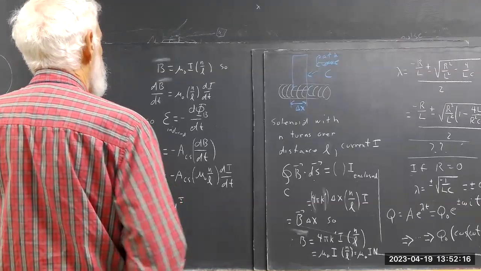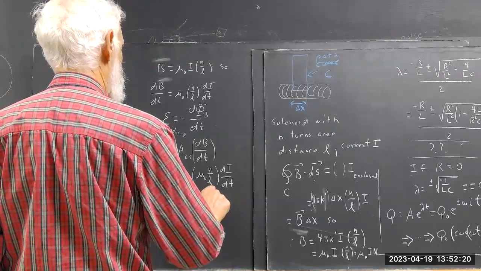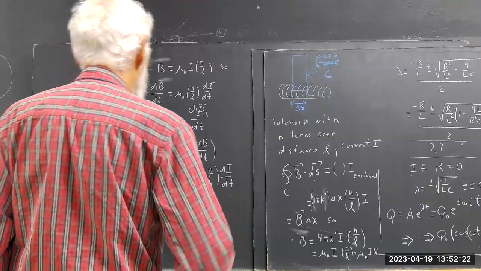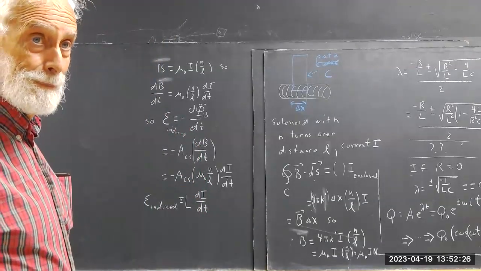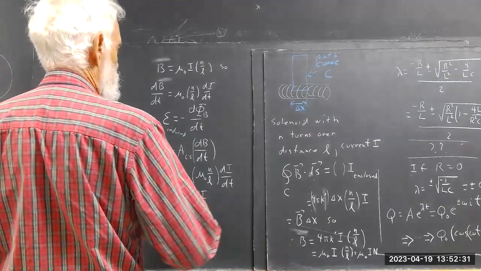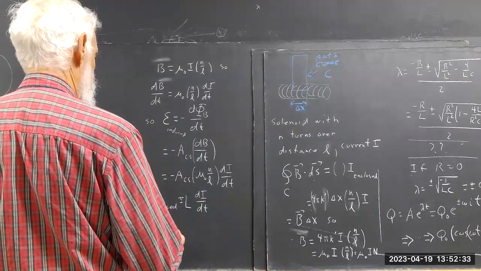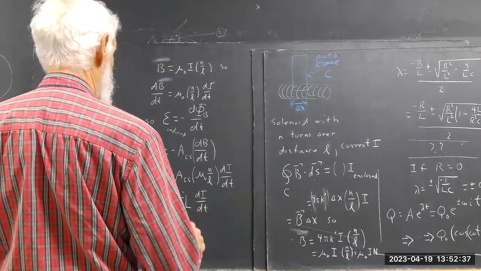Well, induced EMF is L times di dt, right? And we're just dealing with magnitudes, otherwise it would be negative L di dt.